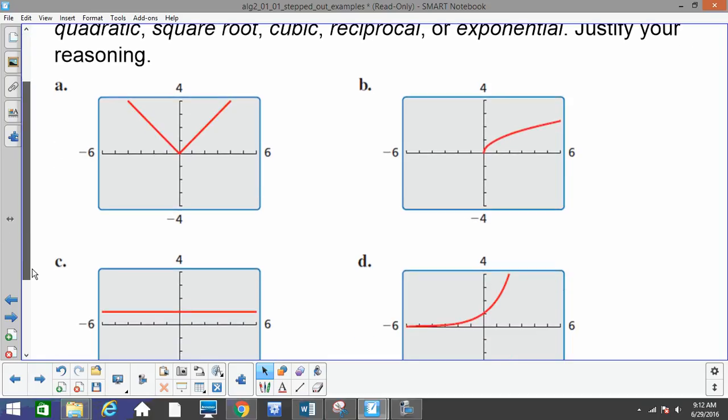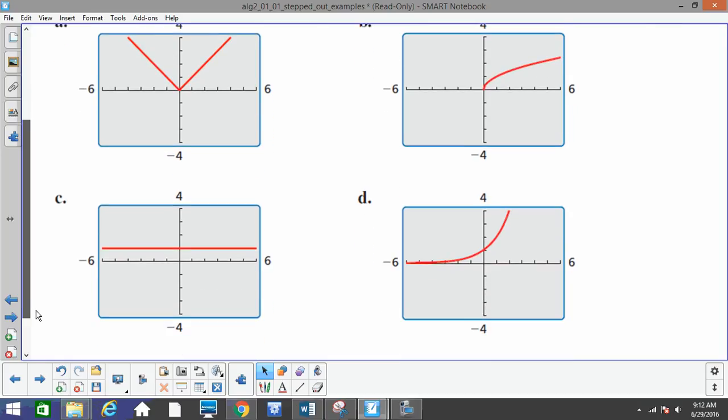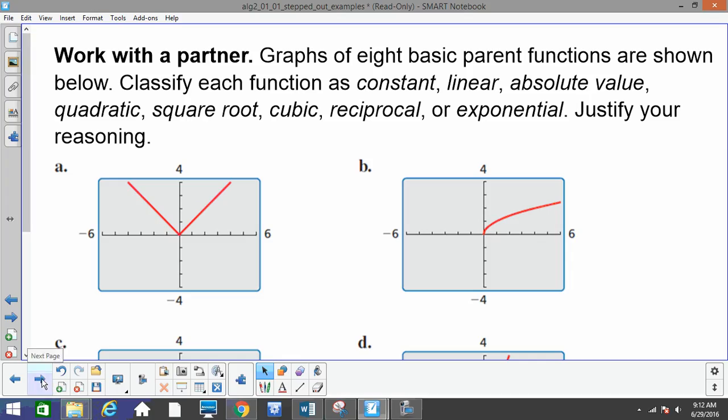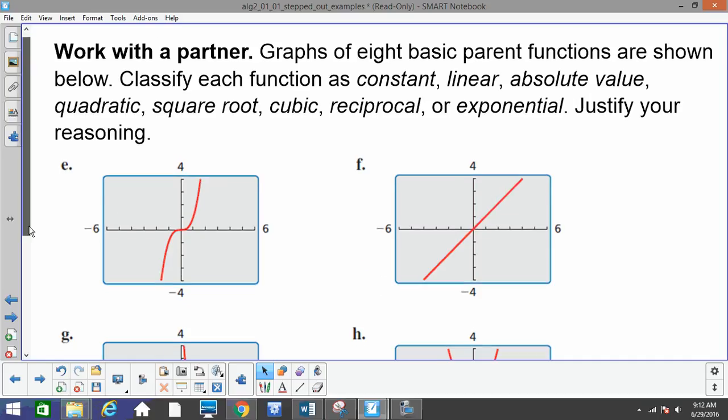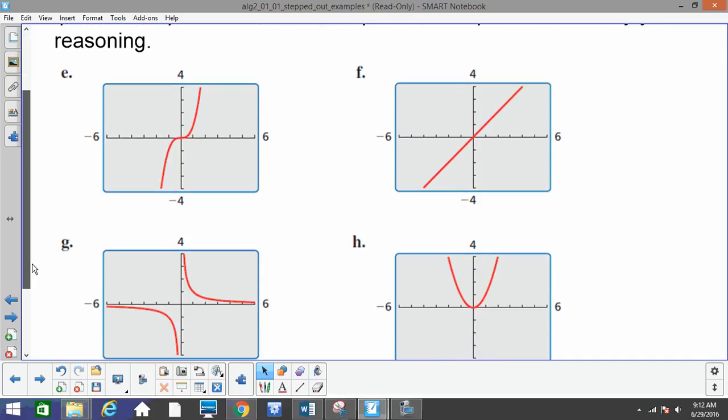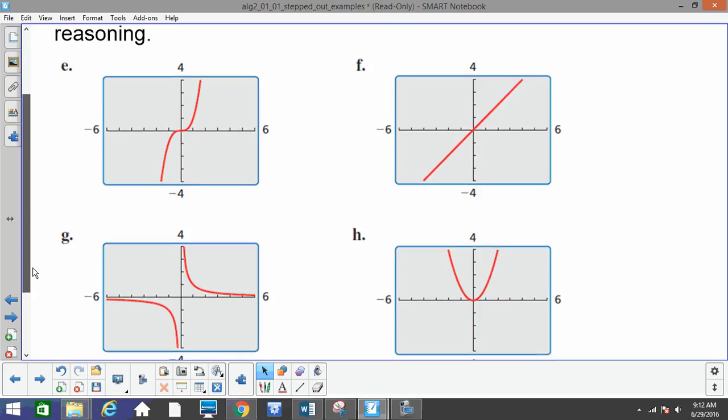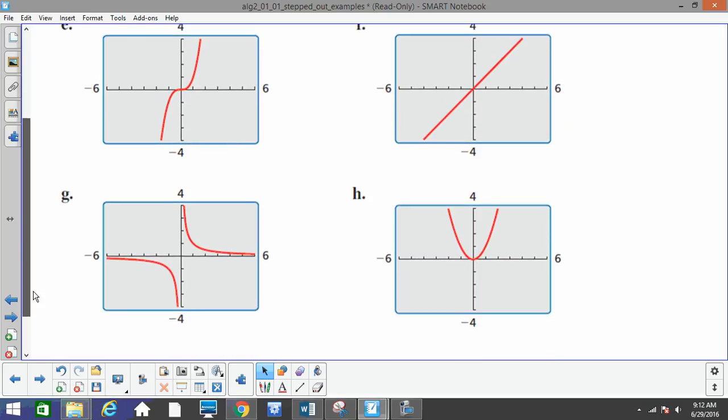C is a constant. D is an exponential. E is going to be a cubic. F is a linear. G is a reciprocal. And H is a quadratic.